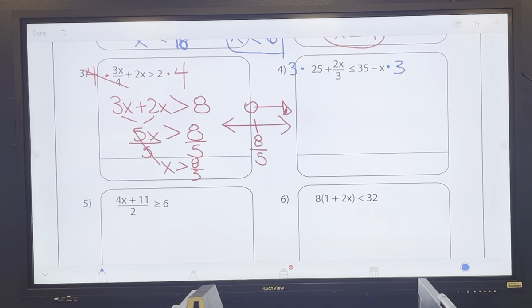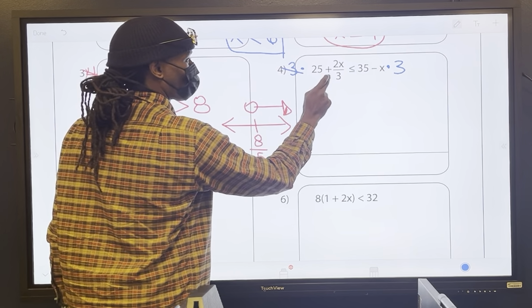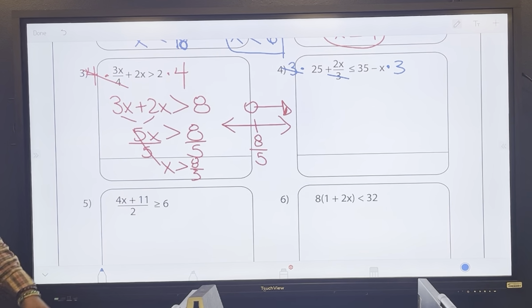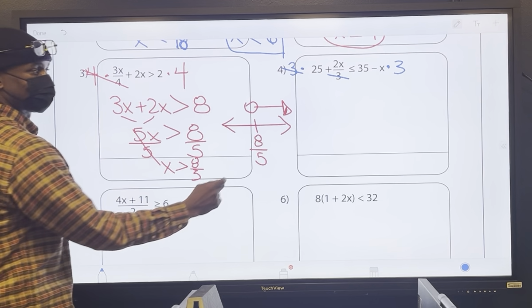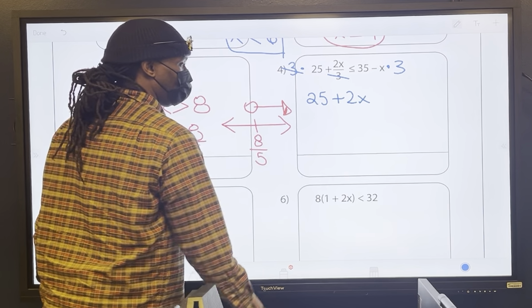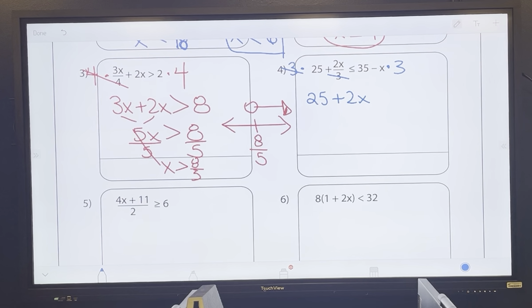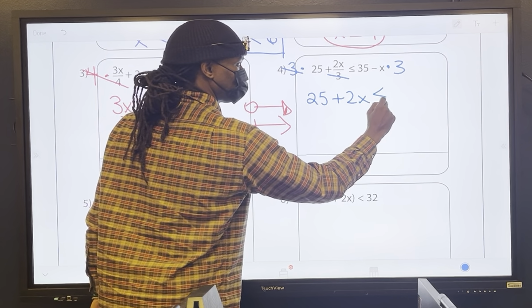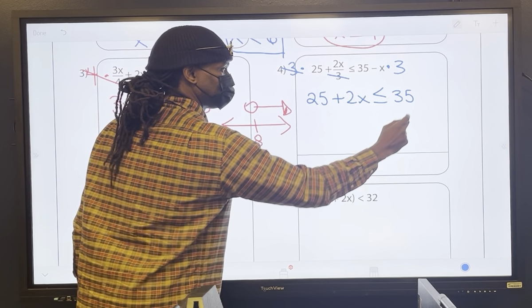Can we cancel out the denominator on the 3? This leaves me with what on the left side? 25 plus 2x is greater than or equal to... Whoa! Less than or equal to 35 minus x. Well, 3x.